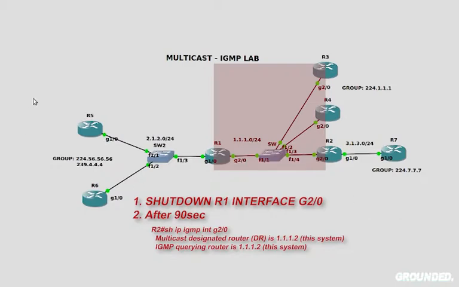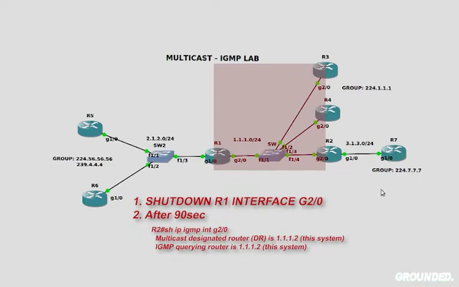The LAN segment represents the multicast group. After 90 seconds, after shutting down R1 G20, you can see that R2 has been elected as the DR, and it is also elected as the IGMP Querier router.